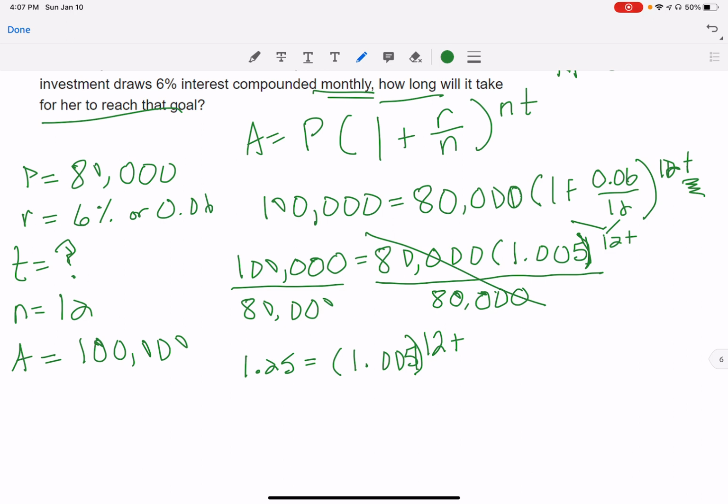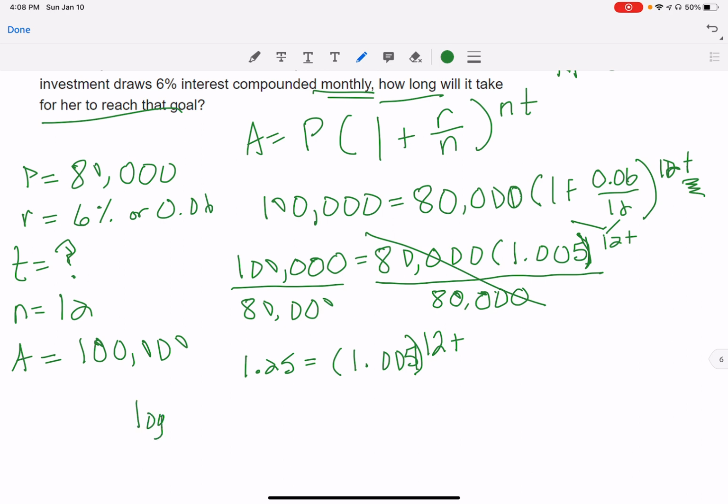Okay. At this point, I am going to take the log of both sides because I'm working on getting that 12t down. To undo an exponent, I'm going to take the log base 1.005 on both sides.